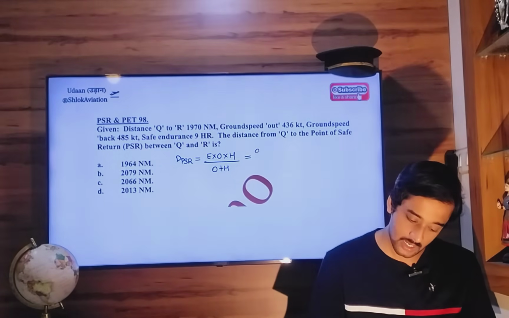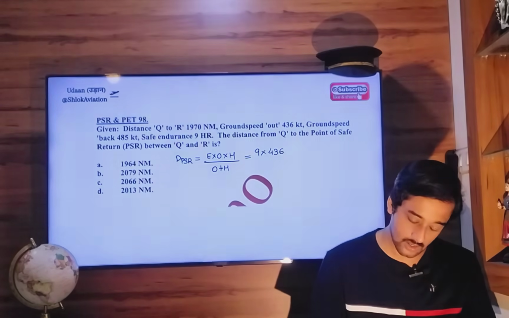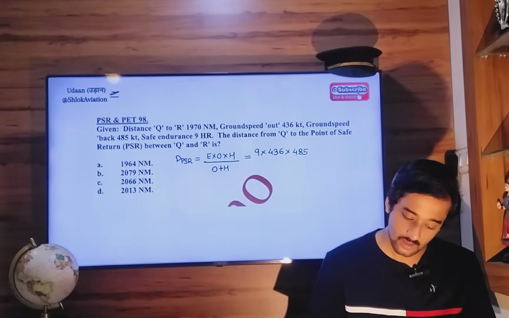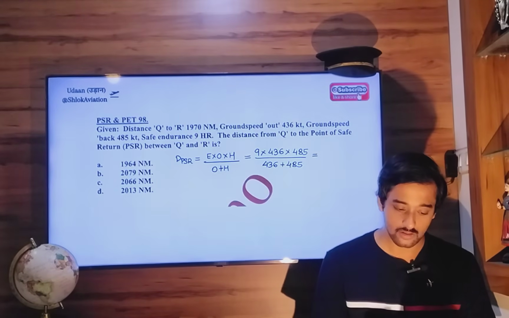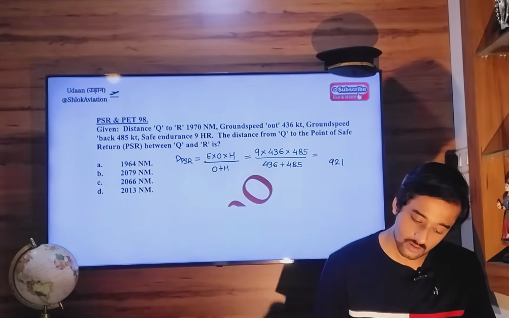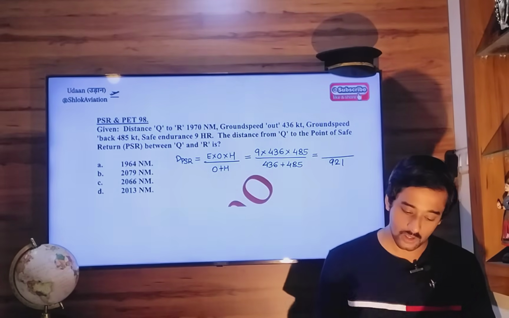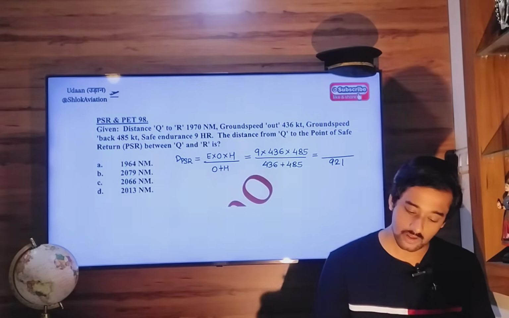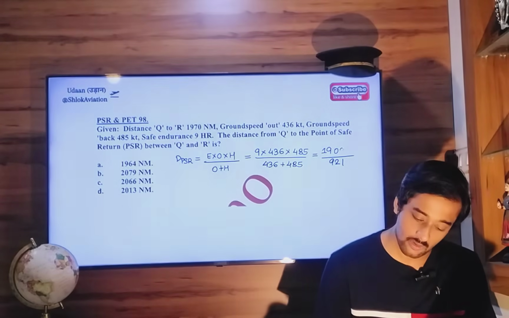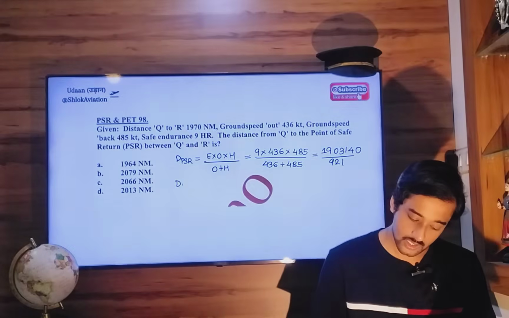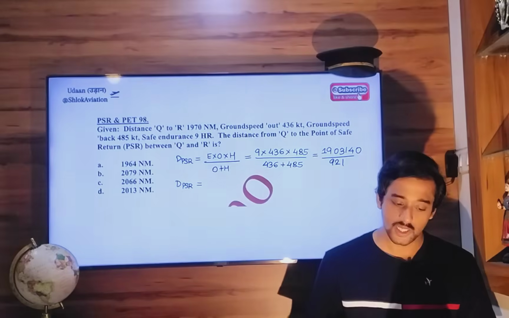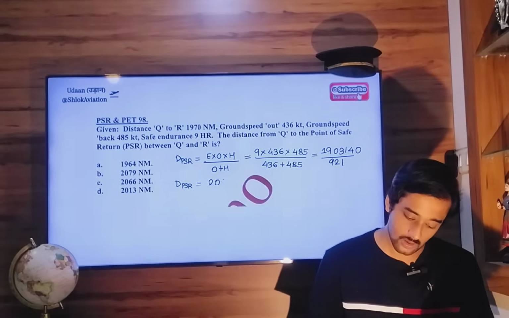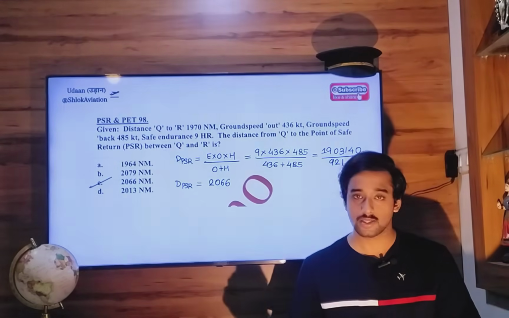So 9 hours into 436 into 485 divided by 436 plus 485. 9 into 436 into 485 is 1903140. So distance to point of safe return will be 2066 nautical miles. Option Charlie. Simple.